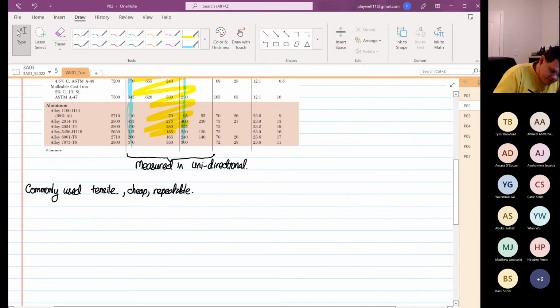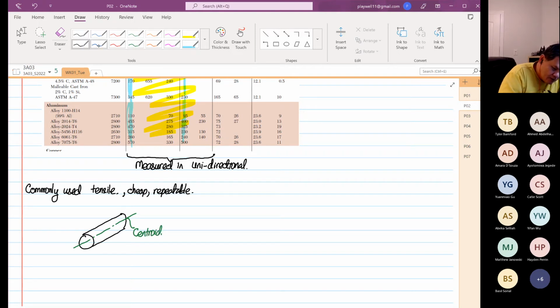So in tension, if you have a specimen over here, I'm going to draw the centroid. So this is our centroid, and this is how our loads are applied, P and P prime.